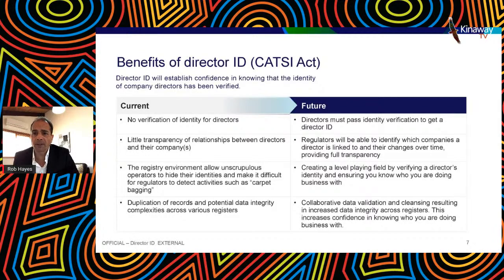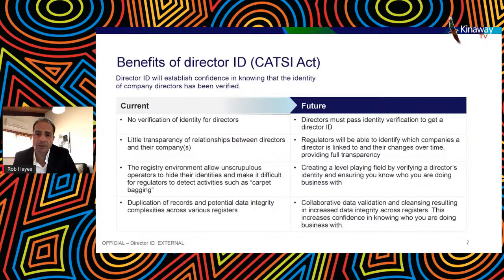So some of the other benefits that director identification will introduce is that regulators will be able to identify which companies a director is linked to and the changes that are made over time. It's important for regulators to be able to understand the director movements between companies, and the director identification number will bring a little bit more transparency around those movements.